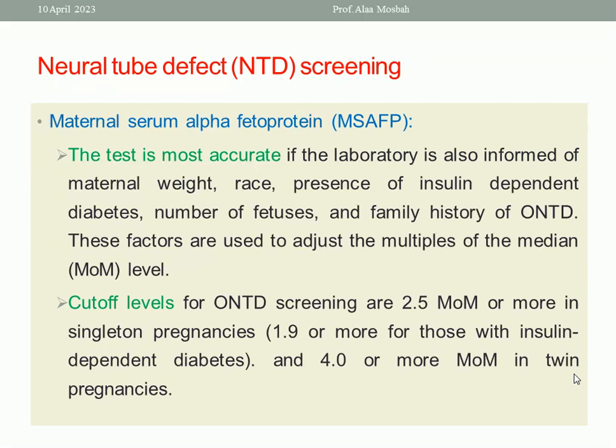In singleton, if the maternal serum level exceeds 2.5, I say this is high risk for neural tube defect. But if it exceeds 4 in twin pregnancy, I'll say, yes, there is high risk for neural tube defect. So it differs according to single or twin. Also in insulin-dependent diabetic women, the cutoff is 1.9 or more.